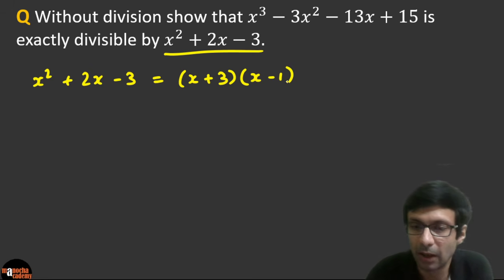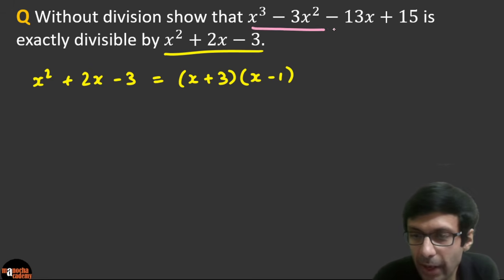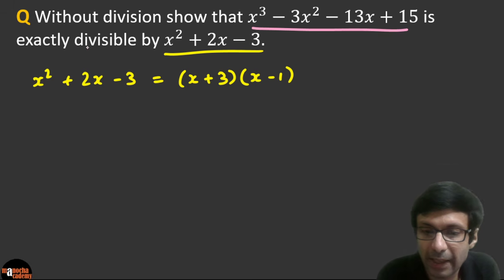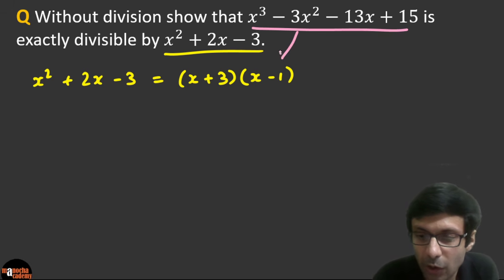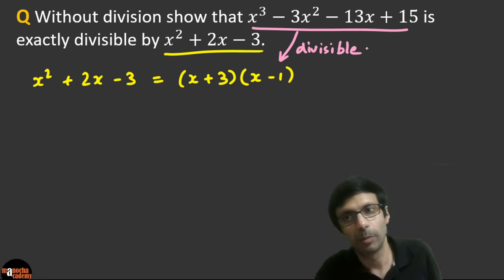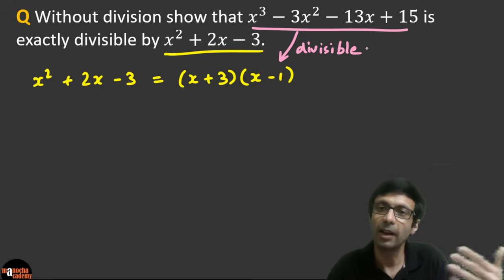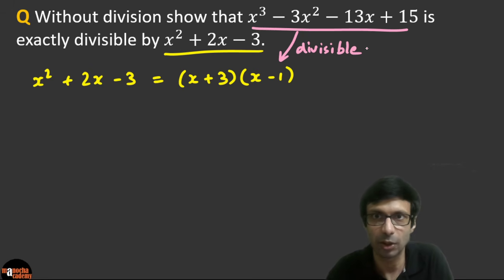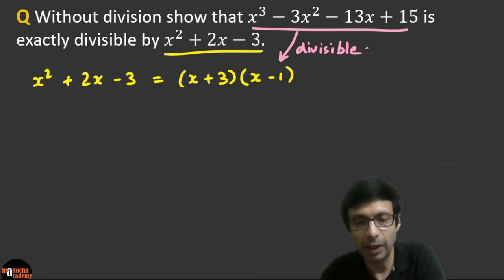So that means our polynomial f(x), if it needs to be exactly divisible by this, also needs to be divisible by each of the factors. Makes sense, right? Because if any number is divisible by 6, it's also divisible by 2 and 3, the factors of 6. Similarly, if it needs to be divisible by x square plus 2x minus 3, it needs to be divisible by its factors.